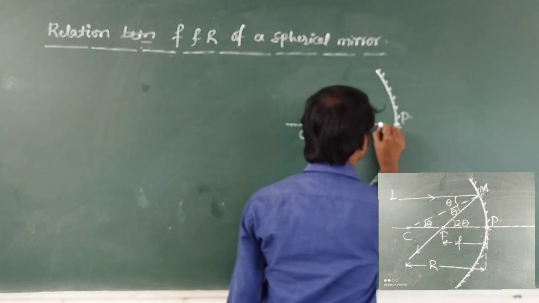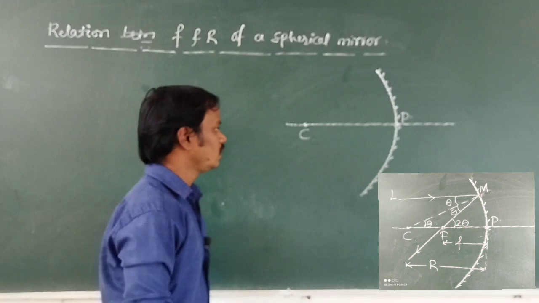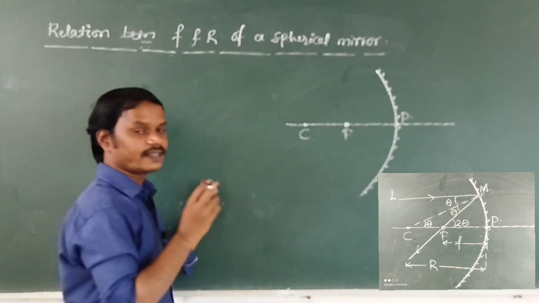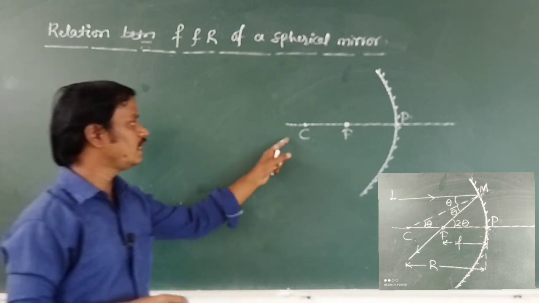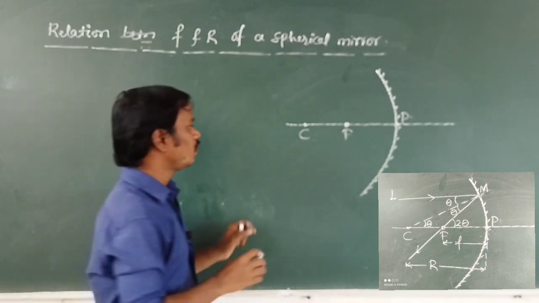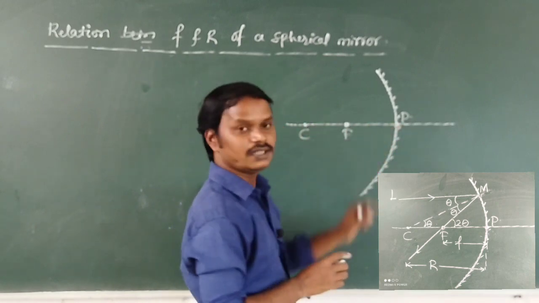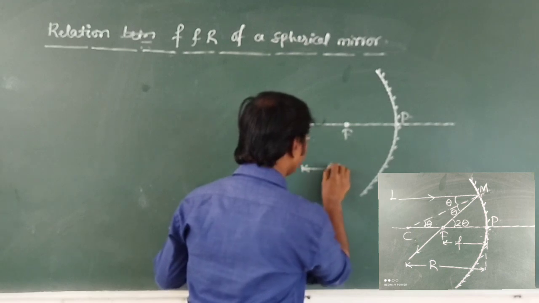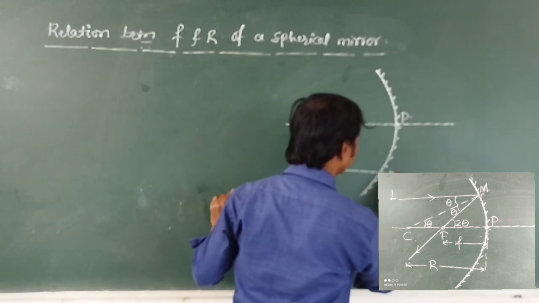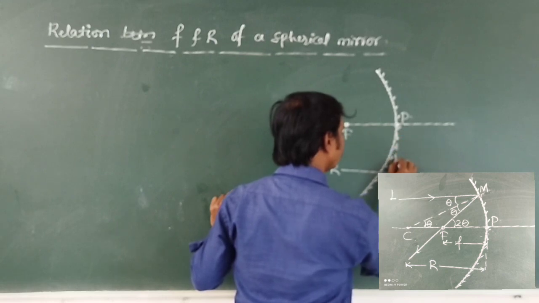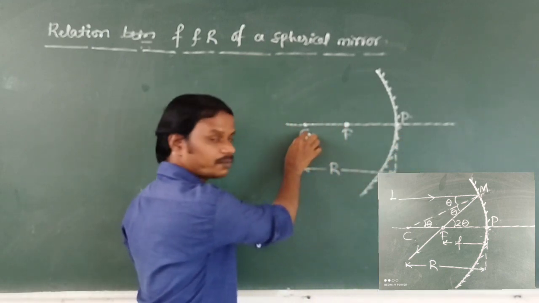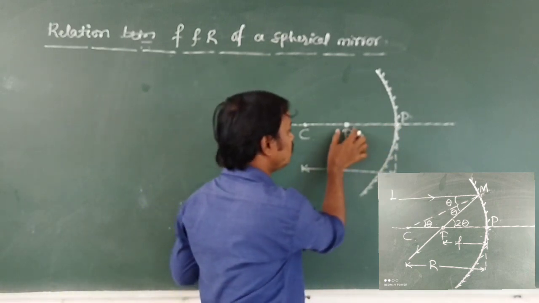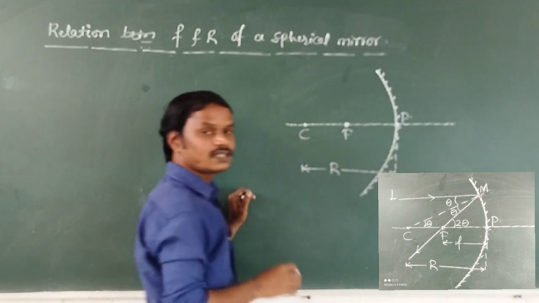This is the principal axis. Now, this is the focus. Always the focus exactly lies at the middle of C and P. The distance of C from P is the radius of curvature. The distance of the center of curvature from the pole of the mirror is called the radius of curvature, and the distance of F from P is the focal length.